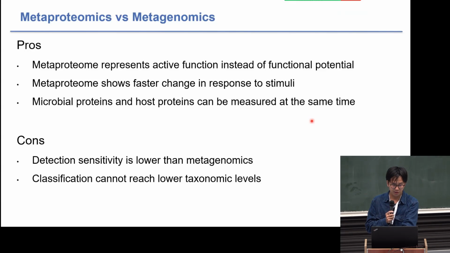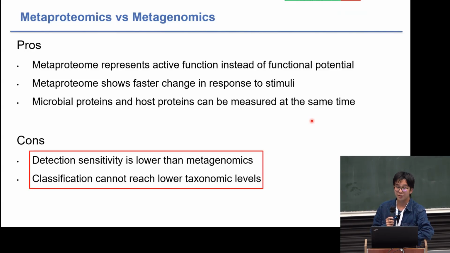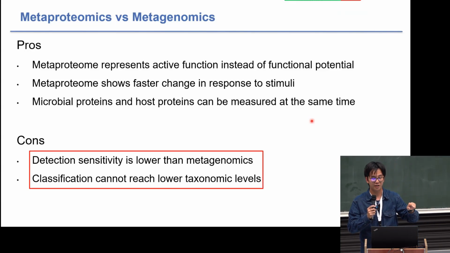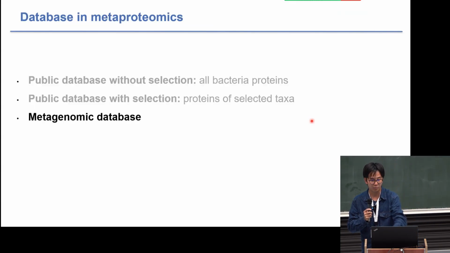So if we go back to the comparison of metaproteomics and metagenomics, you can see there are some disadvantages of metaproteomics. If we look at it the other way around, these are the advantages of metagenomics, and we can make use of this advantage to create a very sample-specific database.